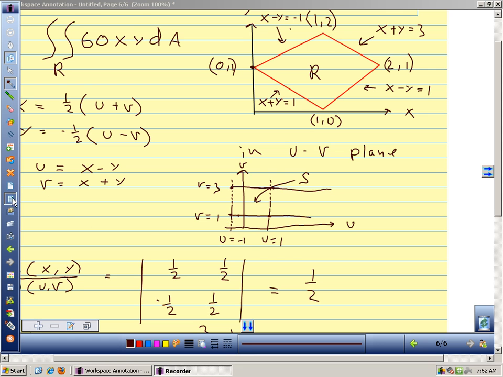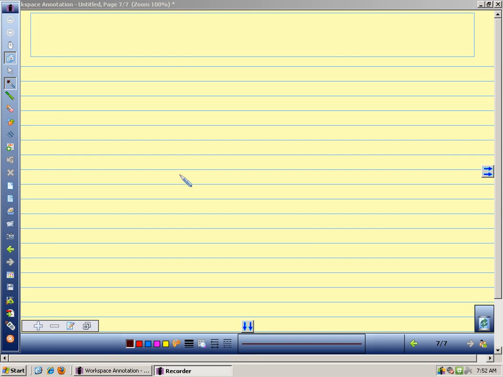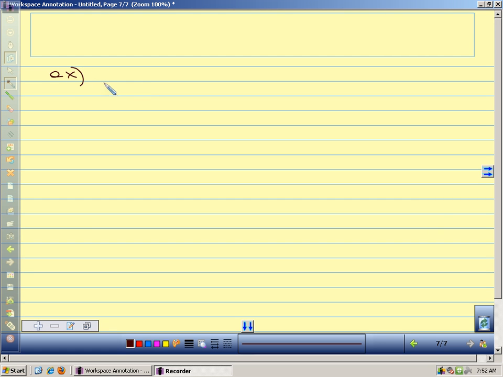Okay. For example, suppose our region is between xy equals 1 and xy equals 4, and y equals 1 and y equals 4.